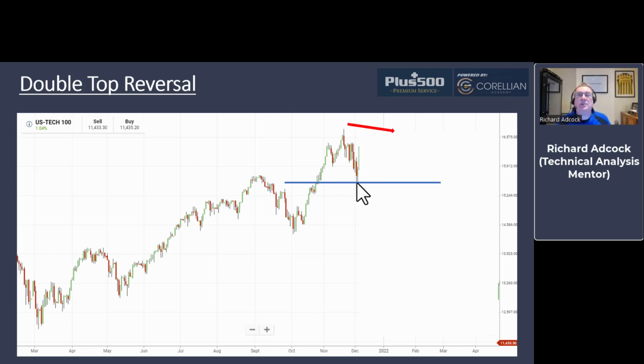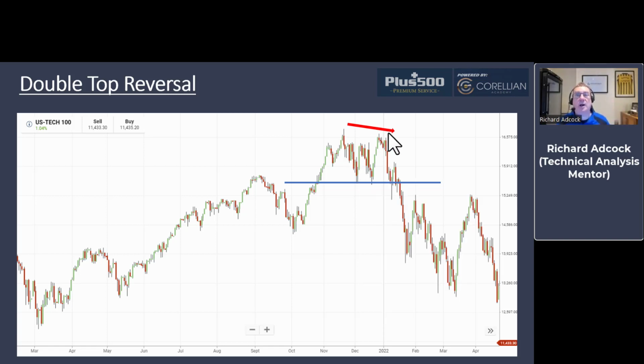As the market then starts to rally up, we're always thinking about whether or not it's going to be a weak test of the previous high, a failure to break above this previous peak, followed by significant selling pressure, a close below the neckline, the last correction low of the bullish trend, and then that gives us the minimum objective of the height of the double top projected to the downside.